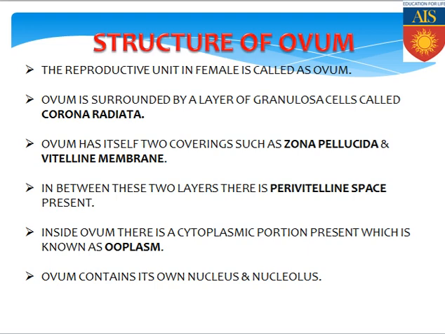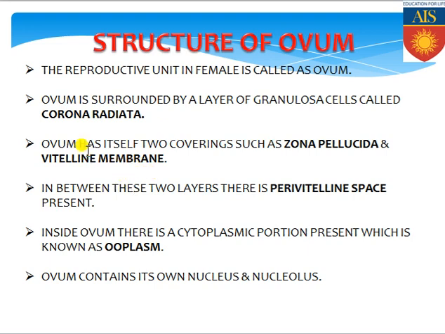So we are going to the next slide, and it shows the structure of the ovum. What is the structure of the ovum? You can see it is the female reproductive unit, or rather the gamete of the female reproductive system, that is the ovum. Keep in mind, the ovum is surrounded by a layer of granulosa cells, and that layer is commonly known as the corona radiata.